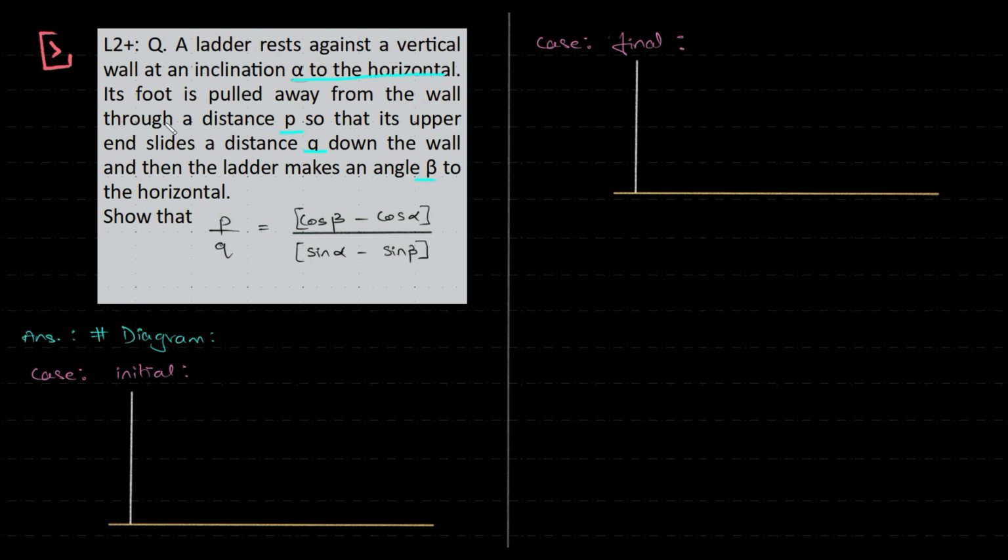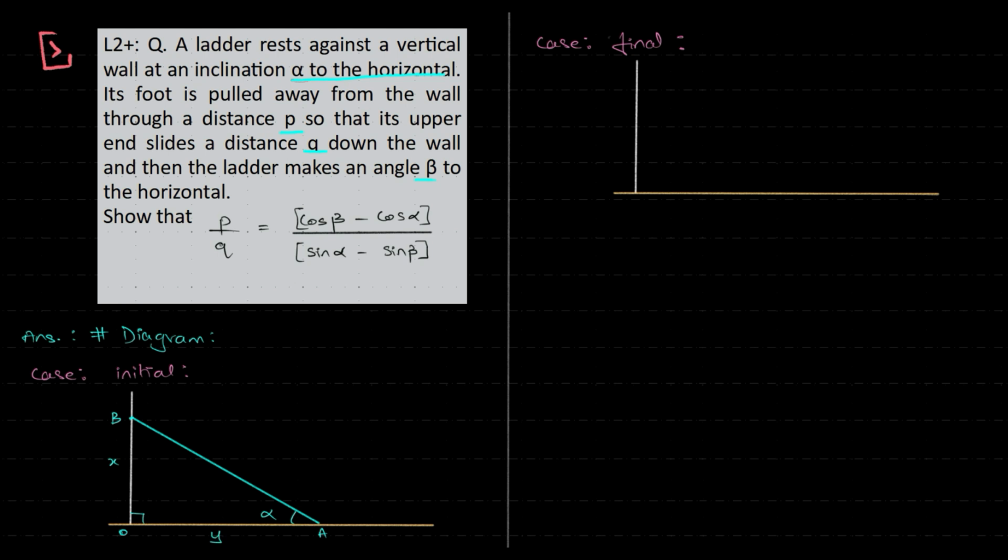So we have a ladder, something like this. It's making an angle of alpha. This is 90 degrees, and say this is O, A, B, and say this is X and this is Y.